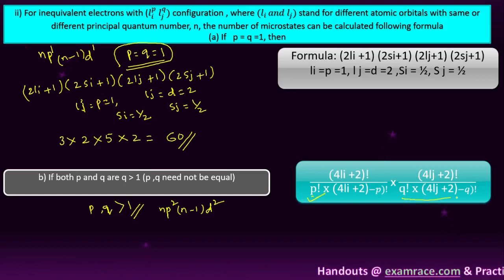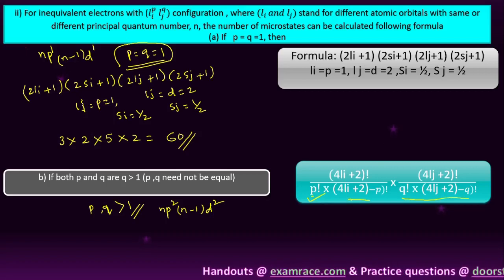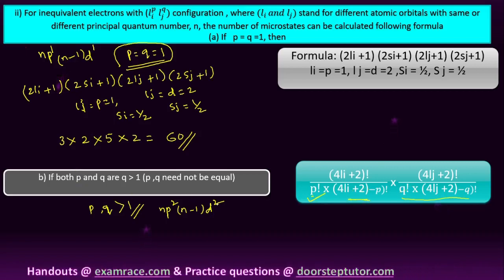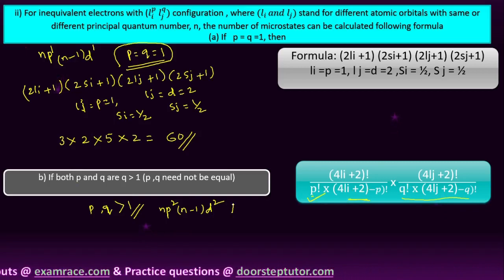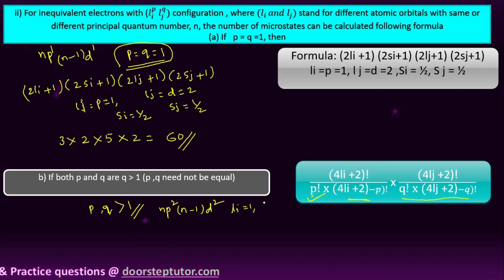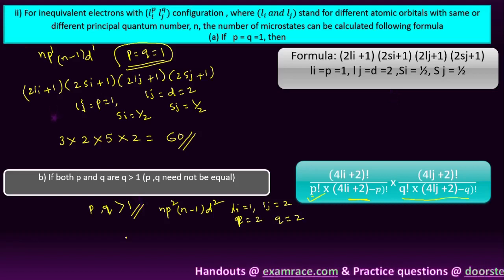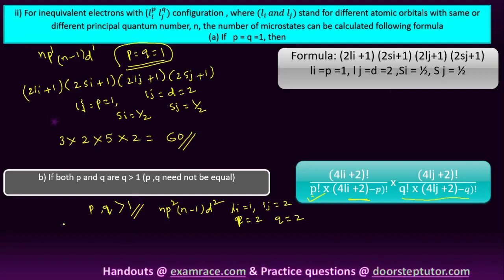This is the multiplication of two different orbital configurations. Here Li for the first orbital is equal to 1, and Lj is 2. The p value for this configuration is 2 and the q value is 2.